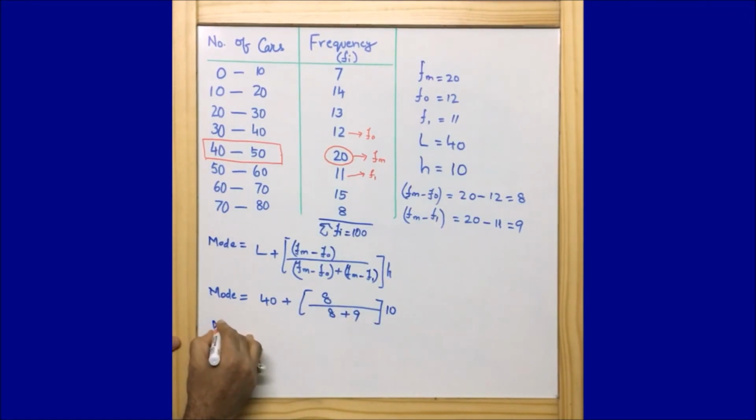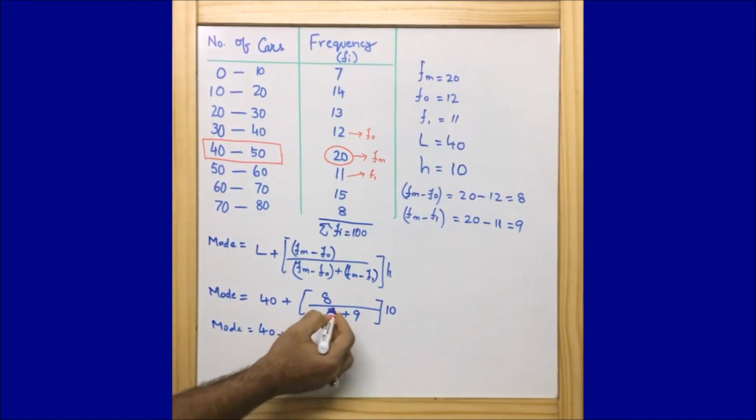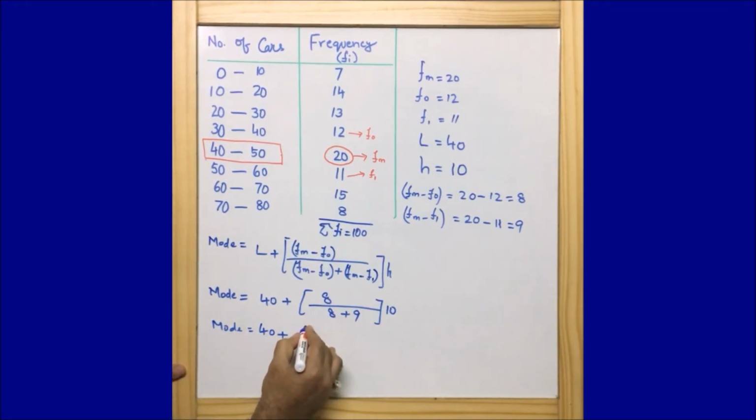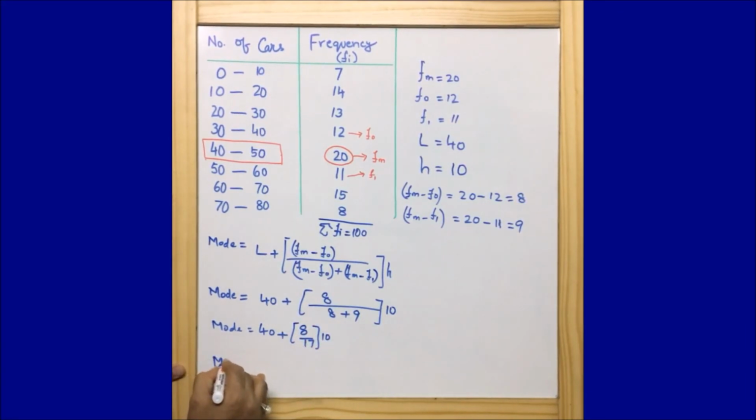Or I can write mode is equal to 40 plus 8 upon 17 into the class height, that is 10, or mode is equal to 40 plus 80 by 17. Just multiply 10 with 8 and we got 80 by 17. So guys, here we got mode is equal to 40 plus 80 by 17.